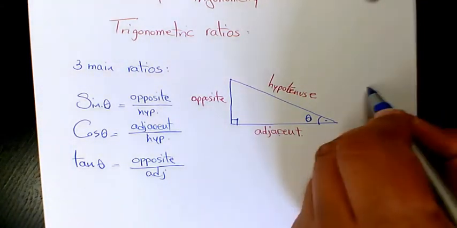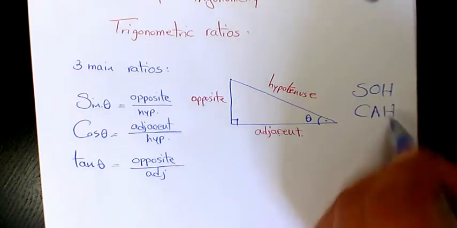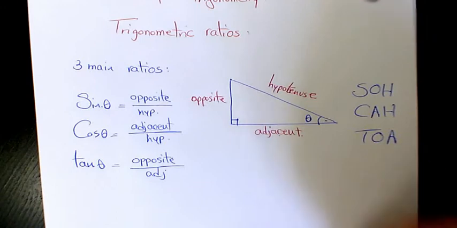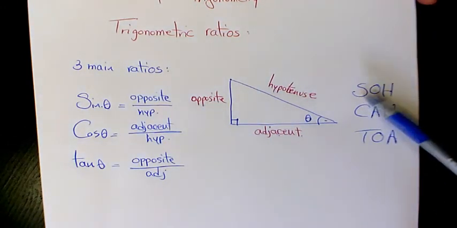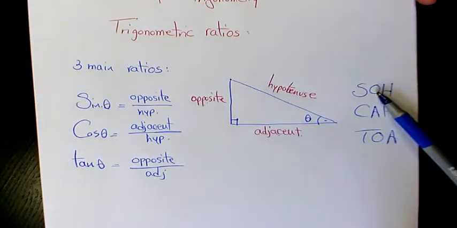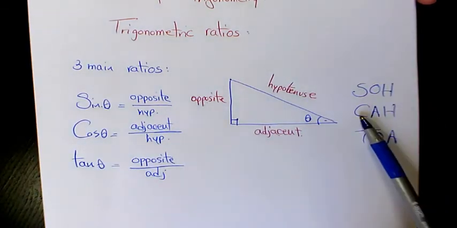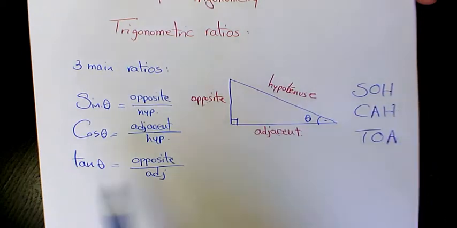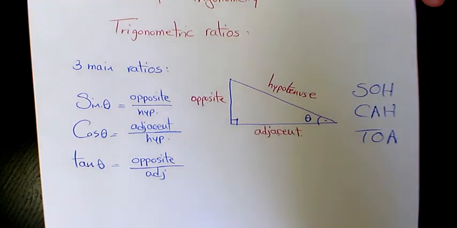We also call them SOHCAHTOA in order to memorize these three formulas. So it means sine equals opposite over hypotenuse, cosine is adjacent over hypotenuse, and tangent is opposite over adjacent.